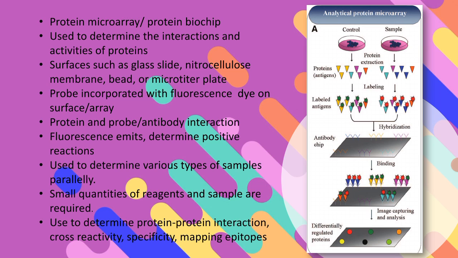Then these proteins will be labeled with the fluorescent dye. Okay, then they will hybridize with the probes. Antigen will be hybridized with the antibodies, right? Now the binding will happen between both, and if the binding is specific, then comes the image capturing and analysis.